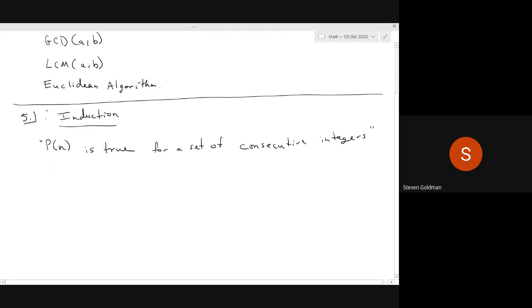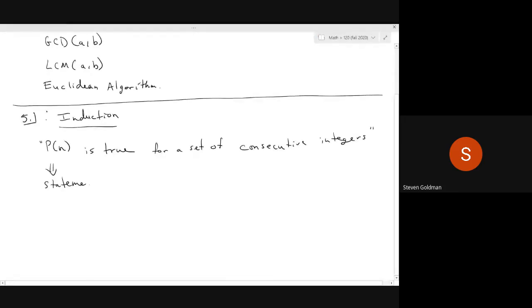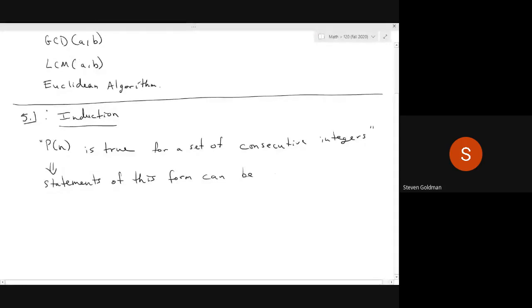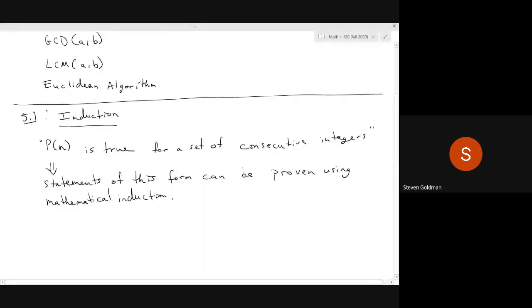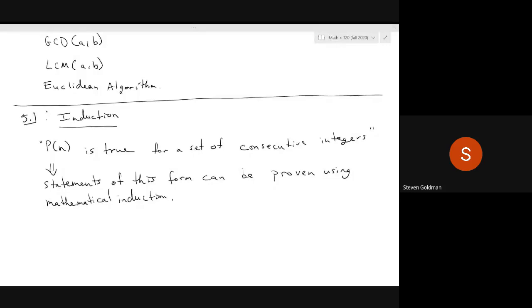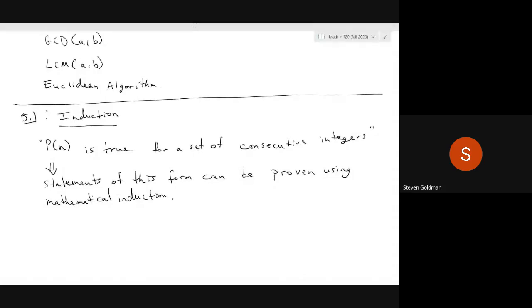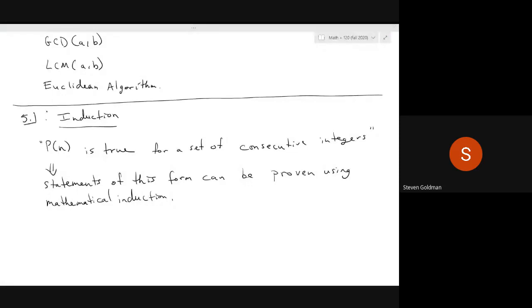So statements of this form can be proven using mathematical induction. This is what we briefly introduced at the end of class last time, so it's 5.1 continued.